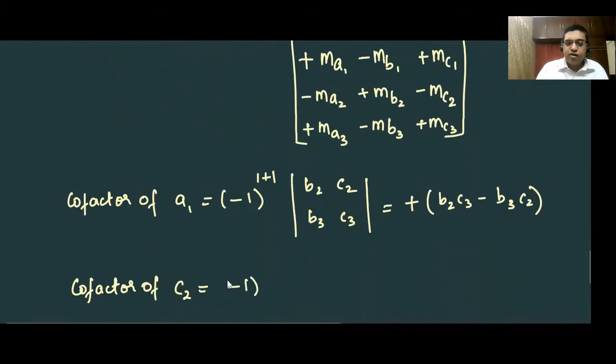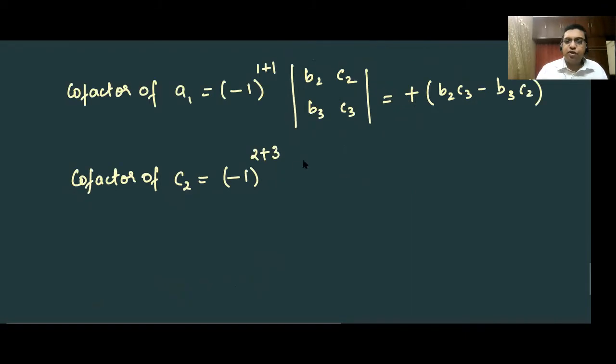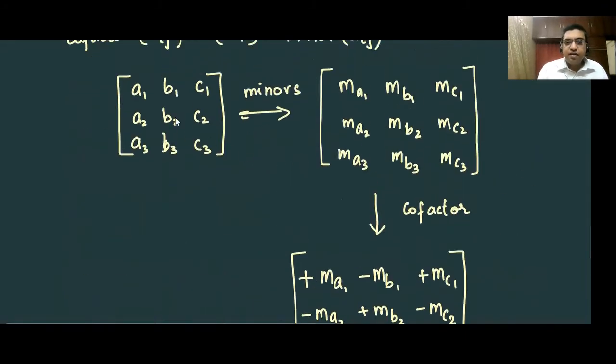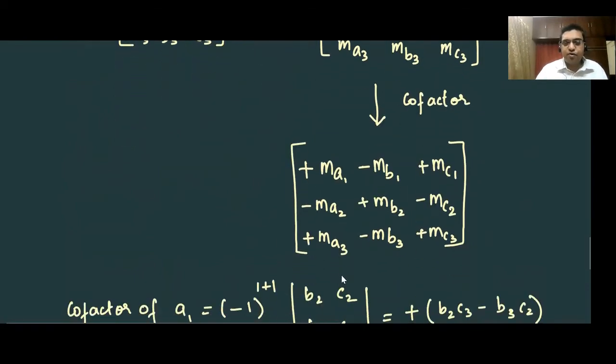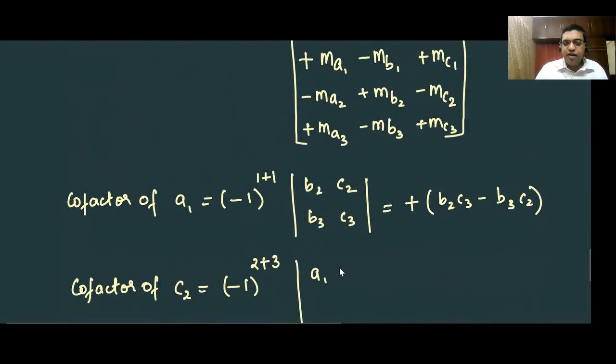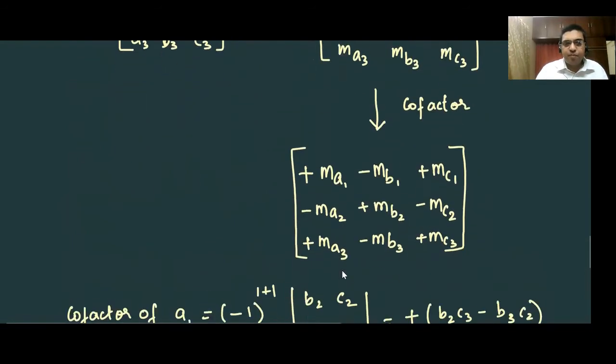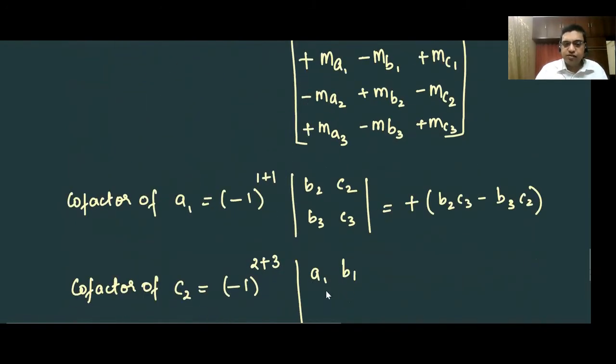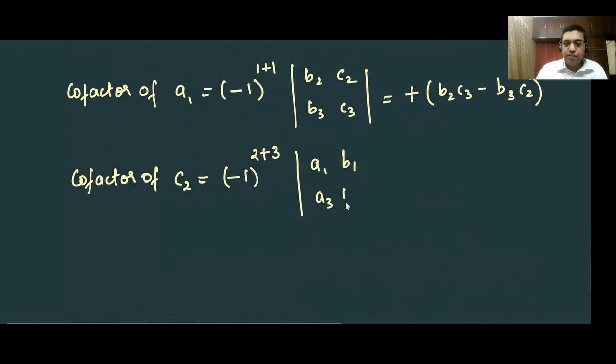So minus 1 to the power 2 plus 3 times what you get after removing the second row and the third column: A1, B1, A3, B3.